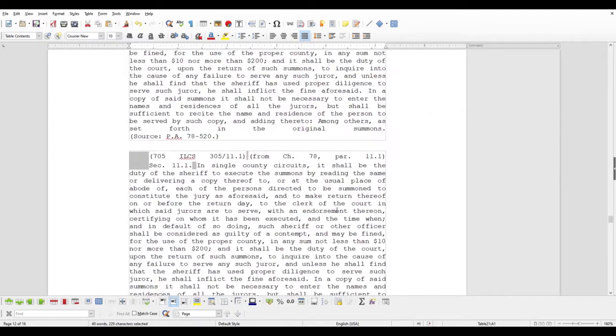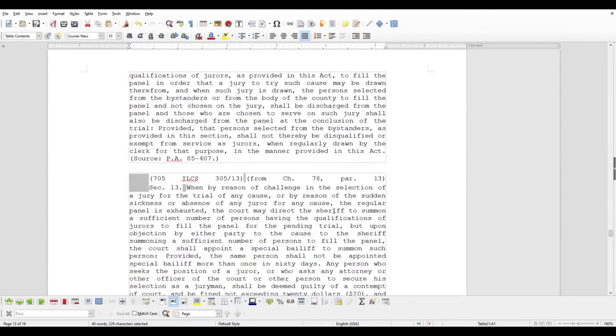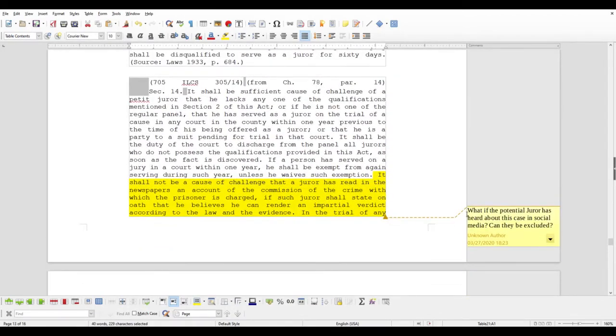Moving right along. Next question. Okay, what if the potential juror has heard about this case on social media? Can they be excluded? And this is a really good question, right? Because now we live in a time where everybody's connected. Something happens in Russia, you can probably hear about it here in Chicago, right?